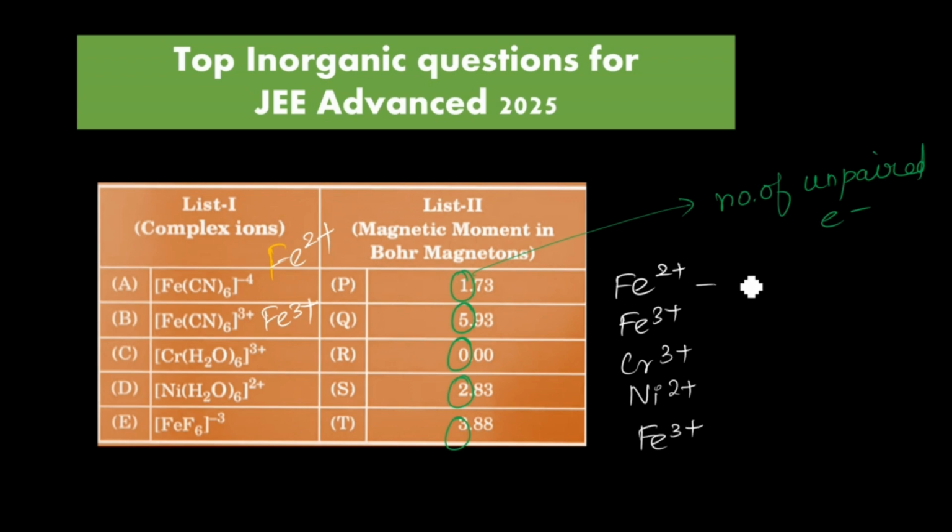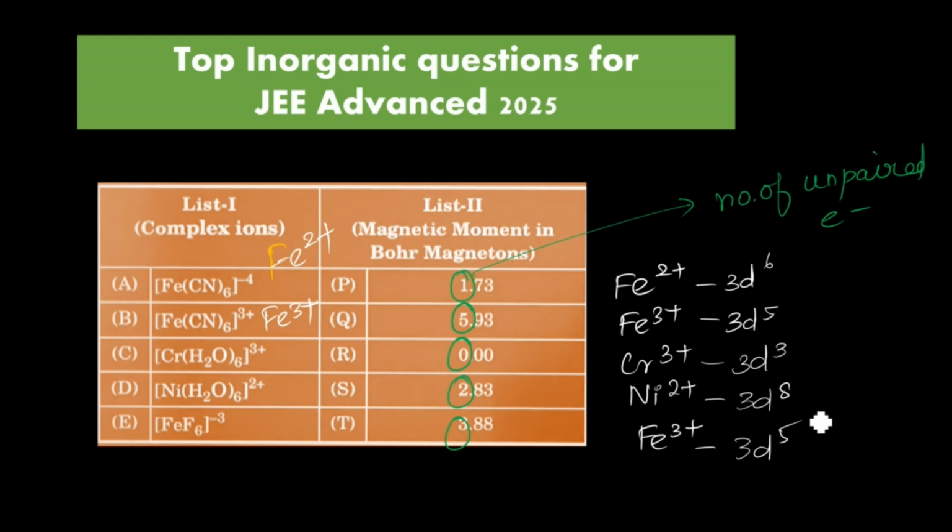If you count the number of valence electrons, here you go: 3d6, this is 3d5, chromium that is 3d3, and nickel 3d8, iron once again 3d5.